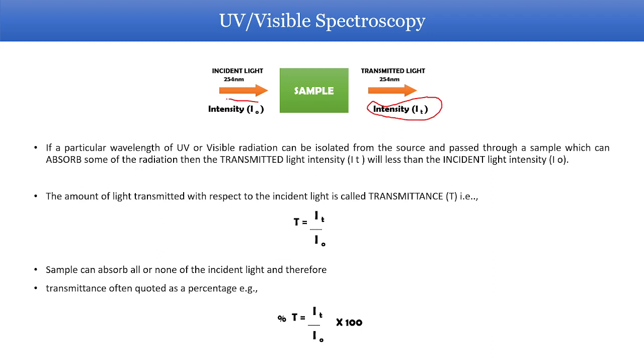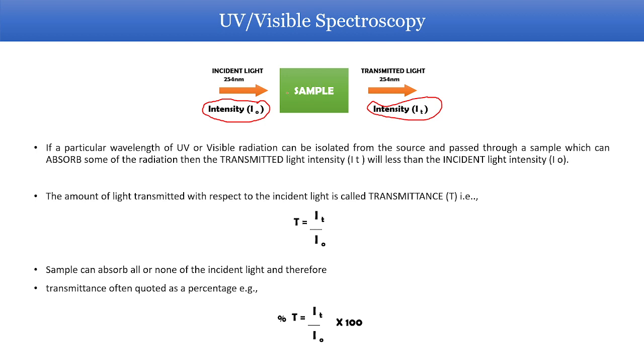If a particular wavelength of UV or visible radiation is isolated from the source and passed through the sample, which can absorb some radiation, then the transmitted light intensity IT will be less than the incident light I0. Where is the left out amount of incident intensity gone? That is absorbed by the sample.